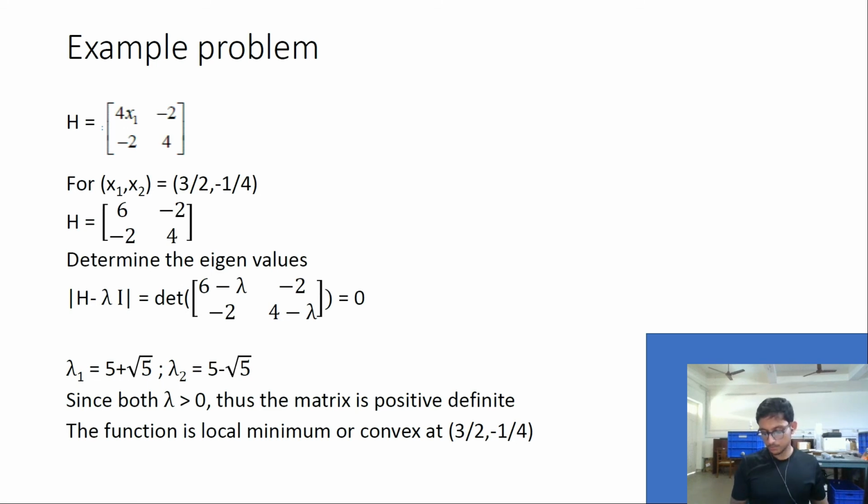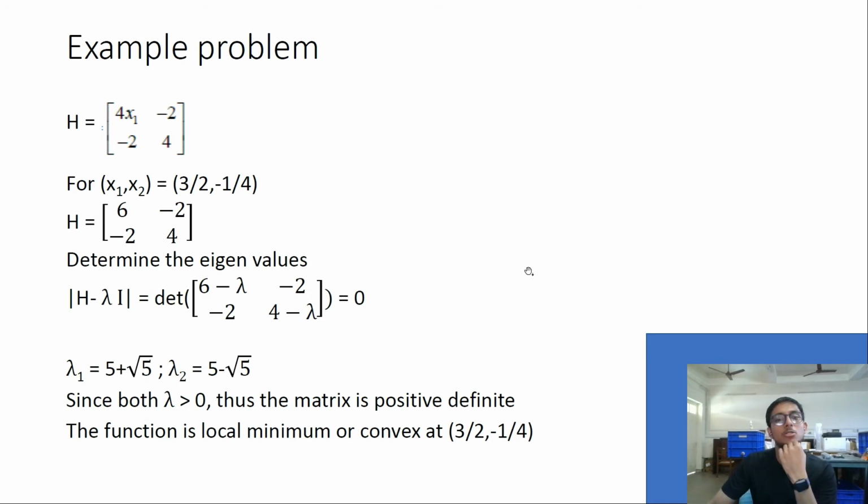So is it 5 plus minus root 5? Okay, no problem. So this is 5 plus minus root 5. In both cases, the eigenvalue is greater than 0. That means the matrix is positive definite, and it has a local minimum at the point 3 by 2 and -1 by 4.